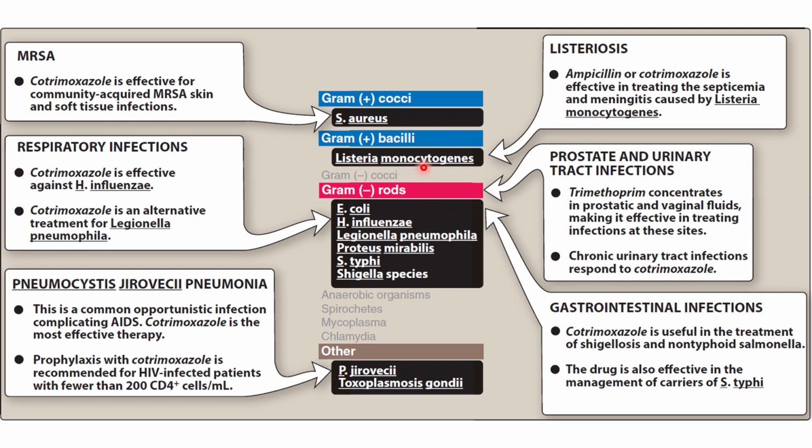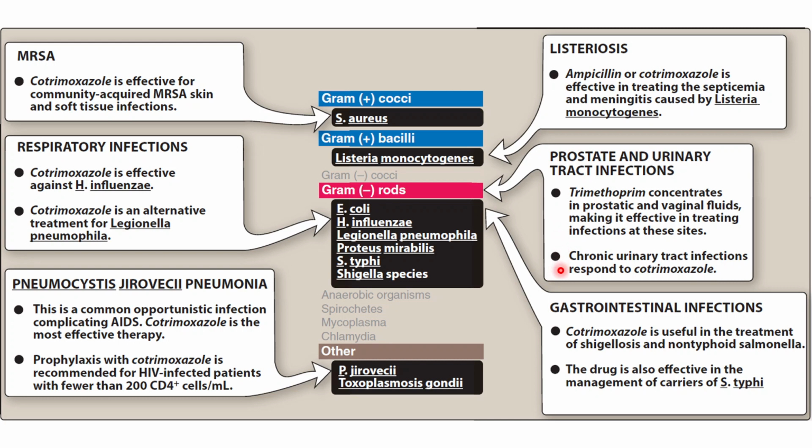Then respiratory infections caused by Haemophilus influenzae and Legionella pneumophila can be treated with cotrimoxazole in children. Prostate and urinary tract infections also, because trimethoprim concentrates in prostatic fluid and vaginal fluid, that is why it's very effective.